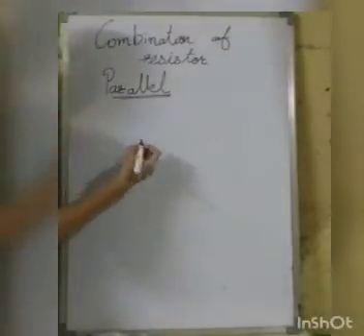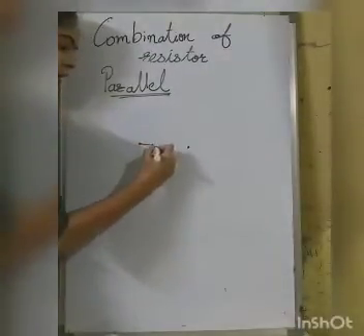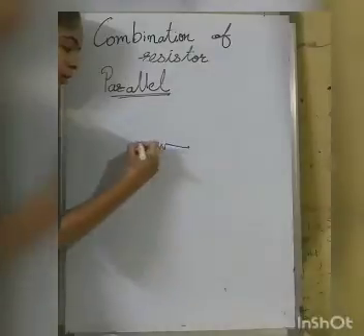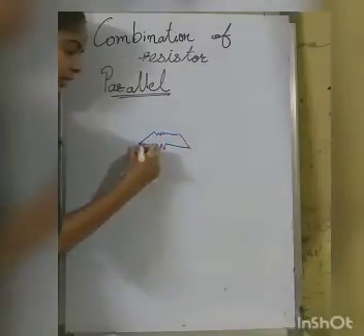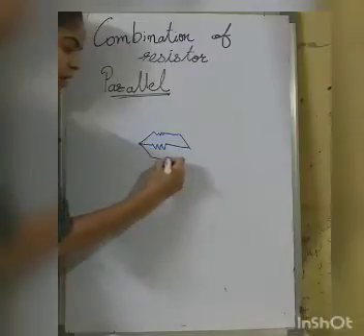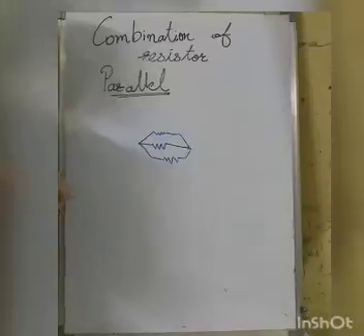So what is parallel connection? In between two points, n numbers of resistances can be connected. How? The start and the end should be common.